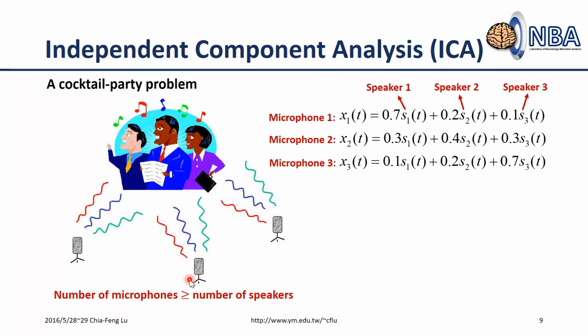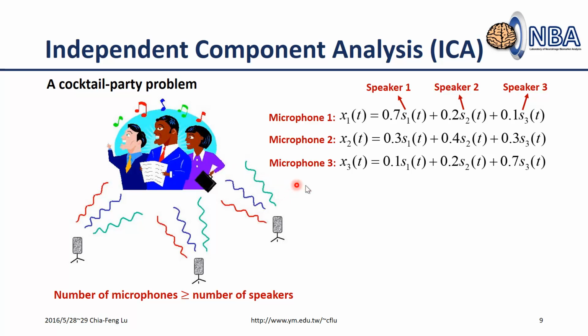But you are going to think about, if I only have the signals from these three microphones, do I have any way to reconstruct the so-called source signal? That means, can I reconstruct the audio signals from each of the speakers? I don't want the mixed signal, I want the pure signal, which we call the source signal.